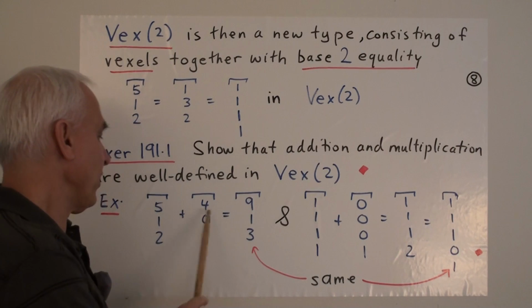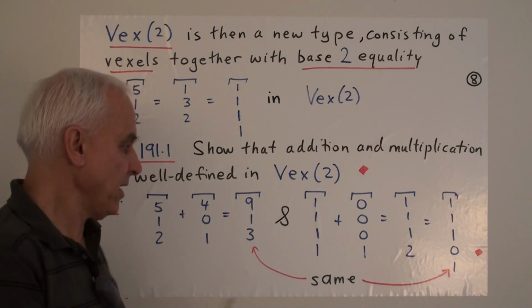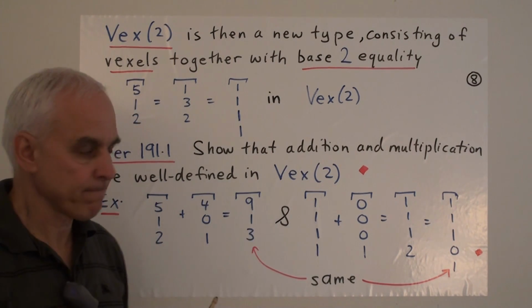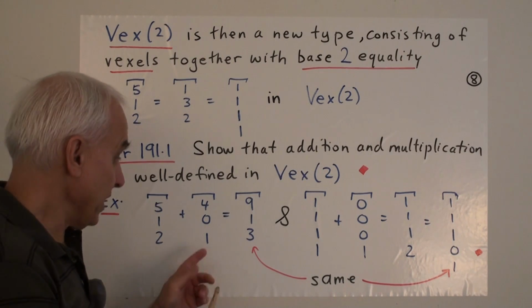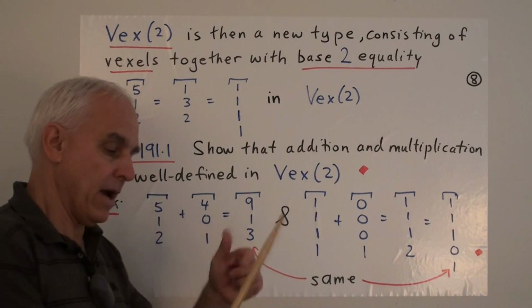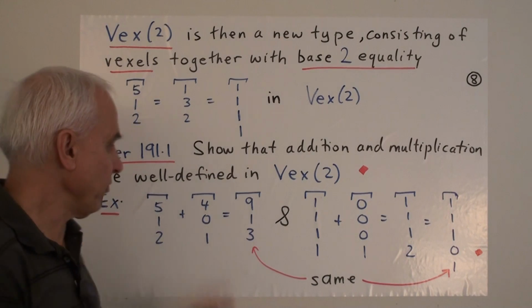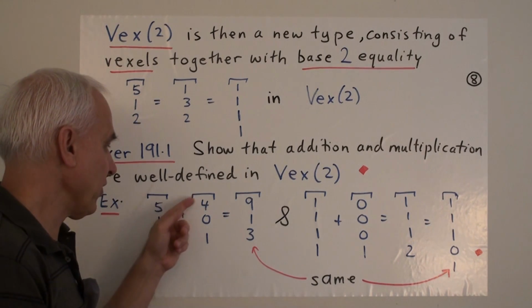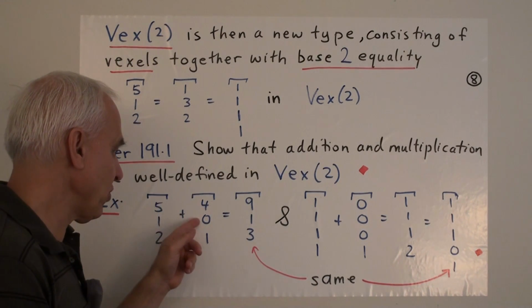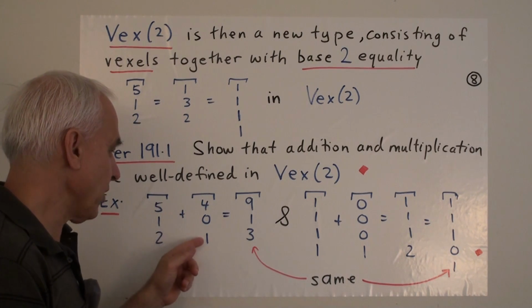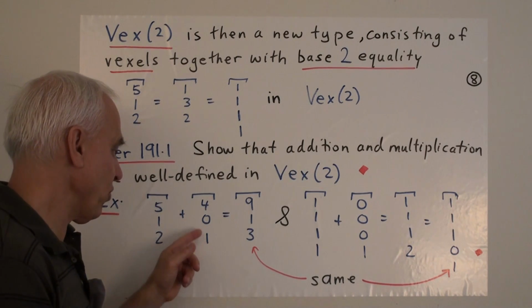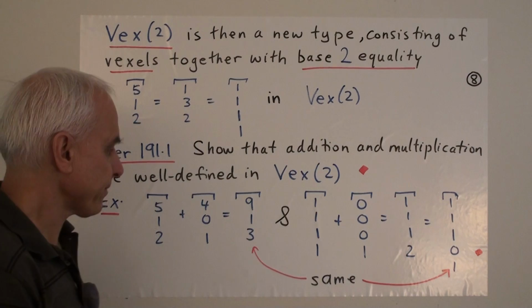That's like 8. This one is like 4 plus 4. It's also 8. So these are really the same. In other words, we could go from here to here by a number of exchanges. We could replace this 4 with 0, 2, and then we replace this 2 with 0, 2, and then we replace this 2 with 0, 1.